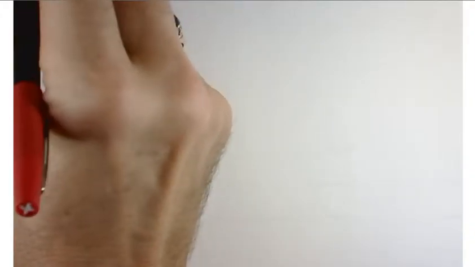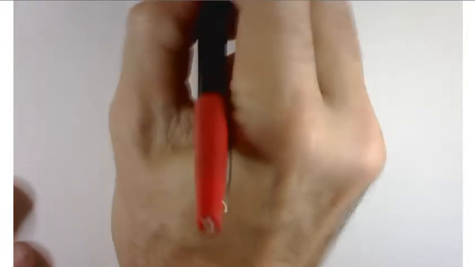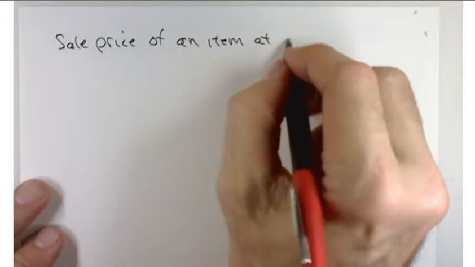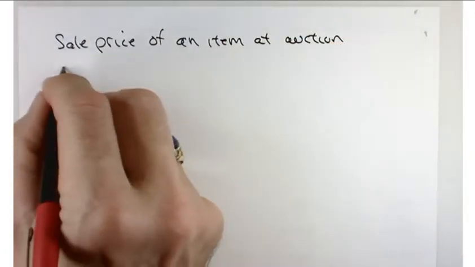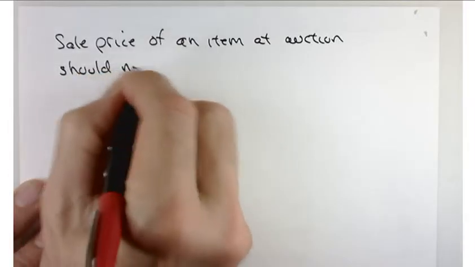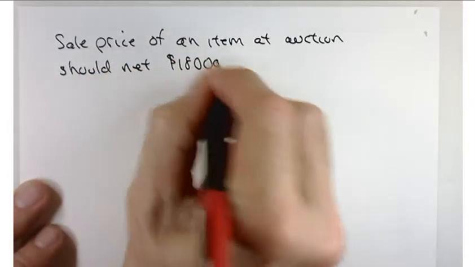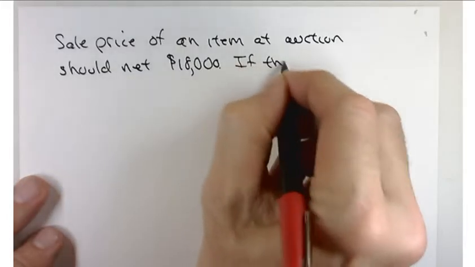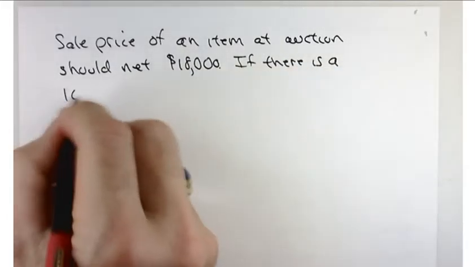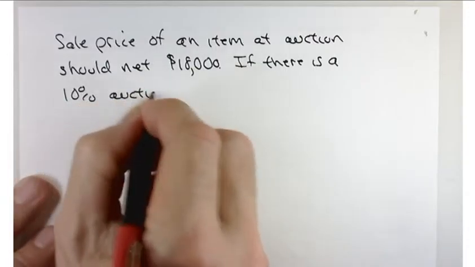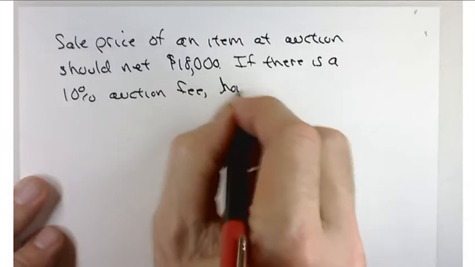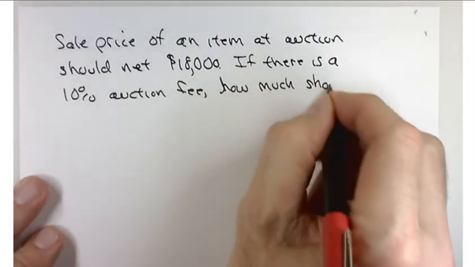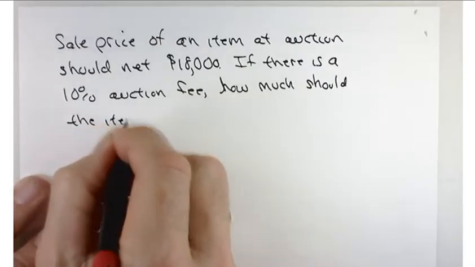The sale price of an item at auction should net $18,000, if there is a 10% auction fee. How much should the item sell for?